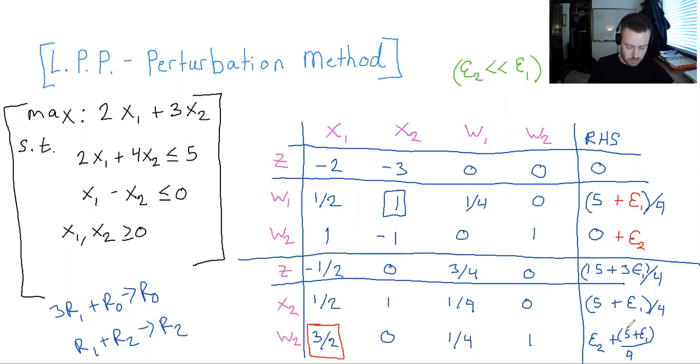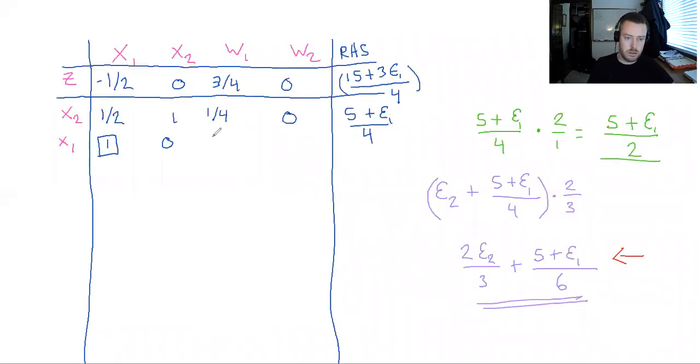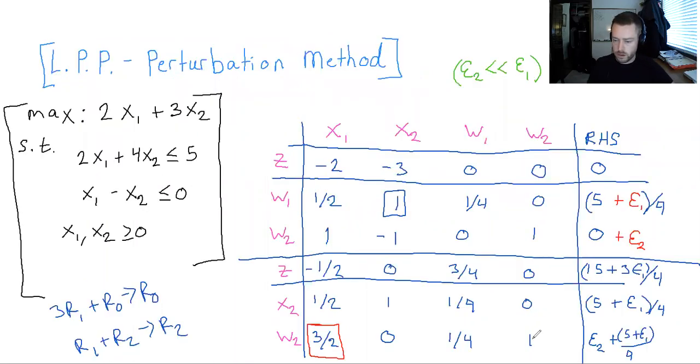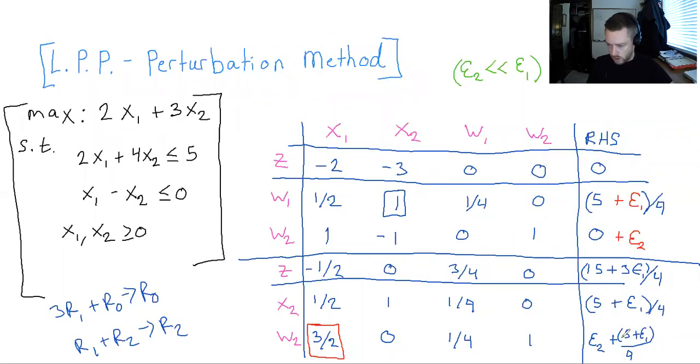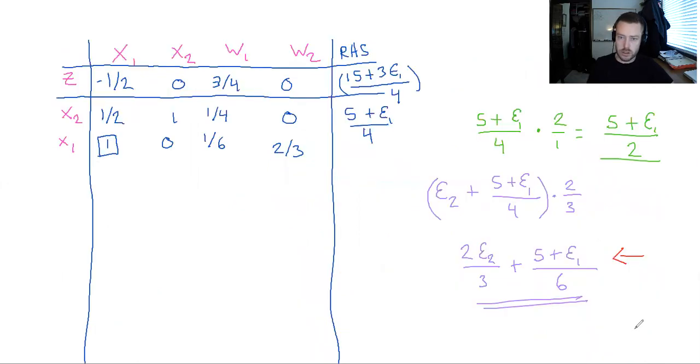So 1/4 times 2/3 is 1/6. All right, 1 times 2/3 is just 2/3. Okay, this whole thing multiplied by 2/3. All right, so we have 2 epsilon 2 over 3, which is actually just this thing here that we just did.